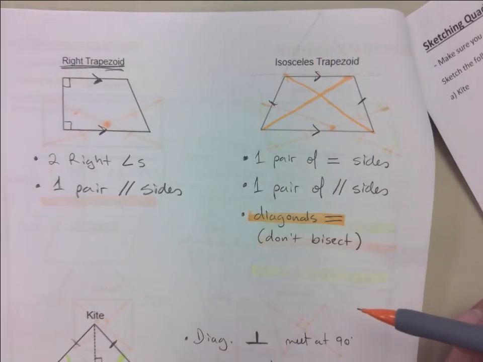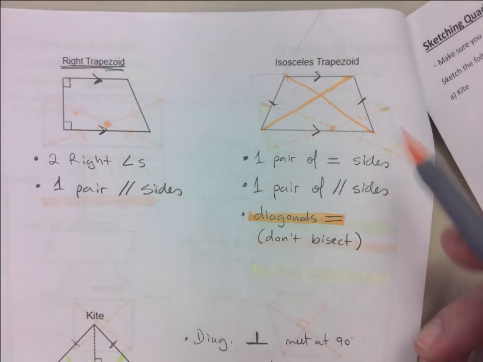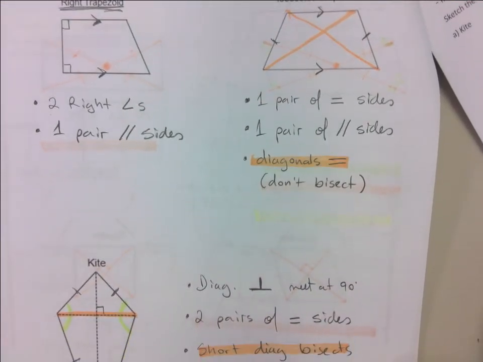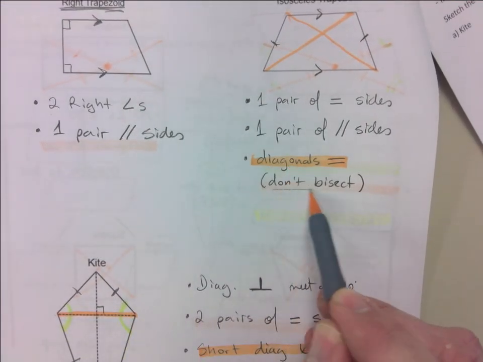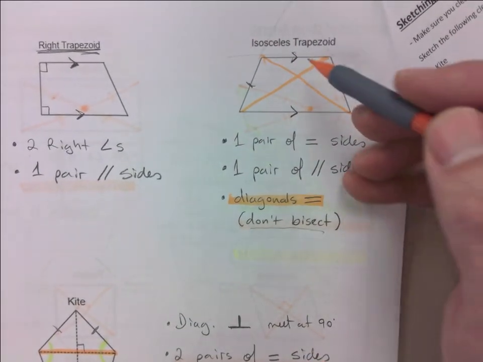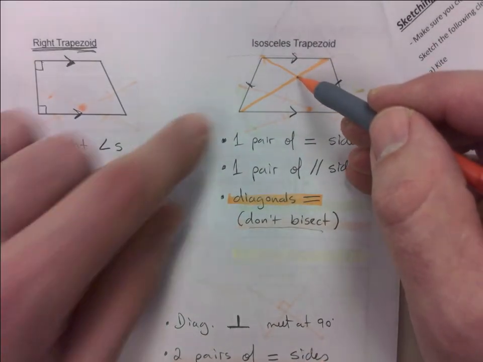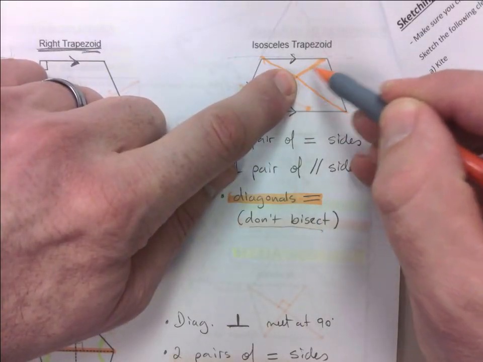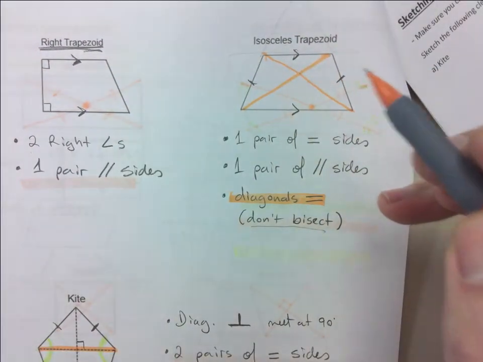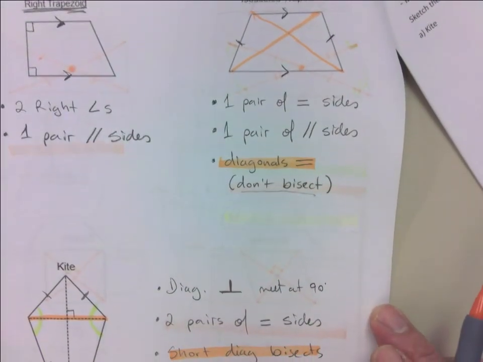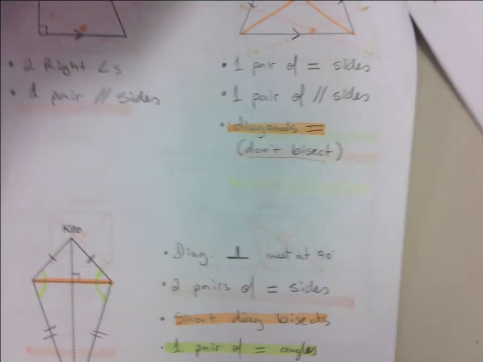That's the fancy term, truncating. You cut off the top part, okay? Remember that the diagonals do not bisect. Do not make the mistake to think, oh, if it's 5 from here to here, it's 5 from there to there. That's not true, okay?